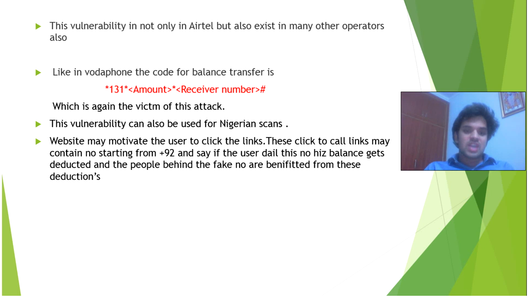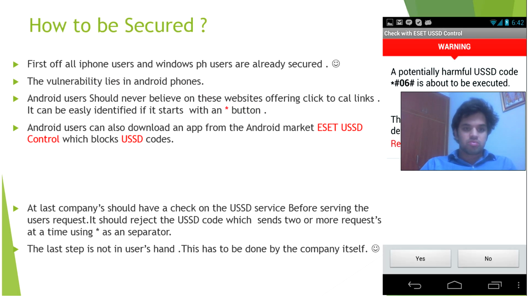The vulnerability can also be used for Nigerian scams. Websites may motivate the user to click to call links. These click to call links may contain numbers starting from +92, and if the user gets motivated and dials this number, his balance gets deducted and the people behind the fake number benefit from these deductions.